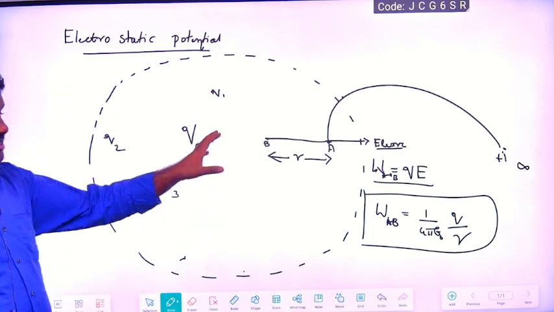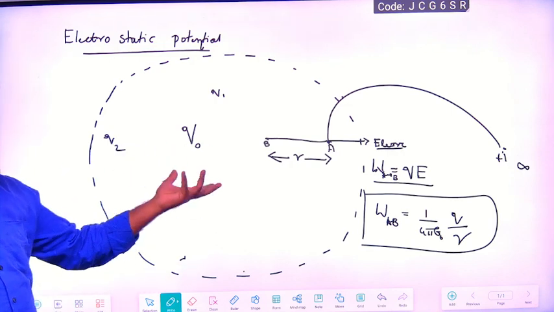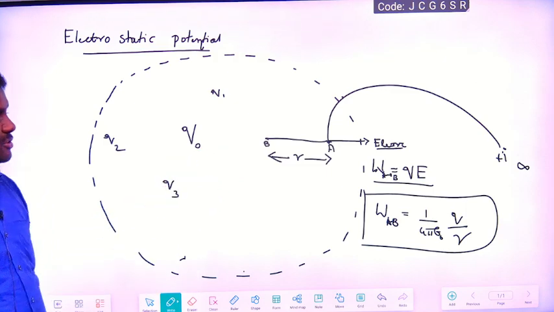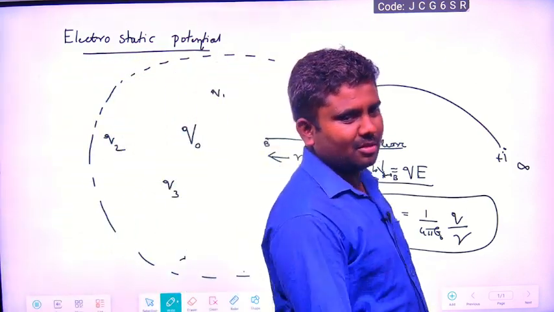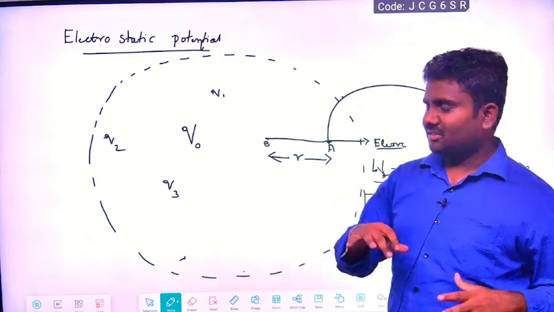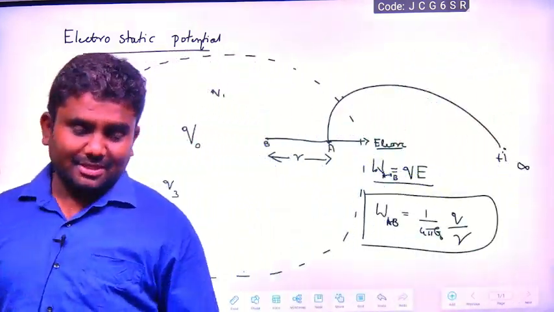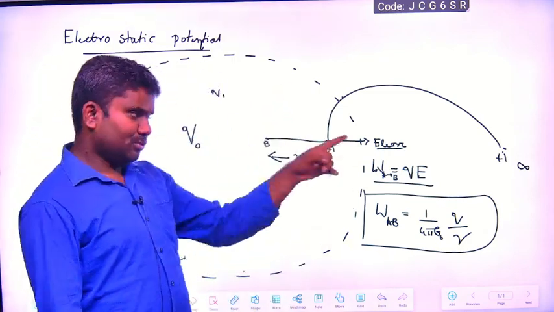These charges are not unit positive charges, I am telling. It may be bigger, the quantity, the magnitude is more. When you take multiple charges, the quantity will be more. To test, I took a unit positive charge. But if you want to bring any other charge, you need to do work.